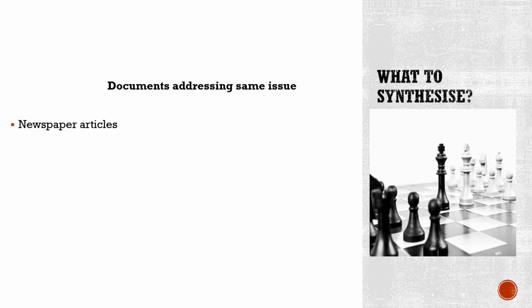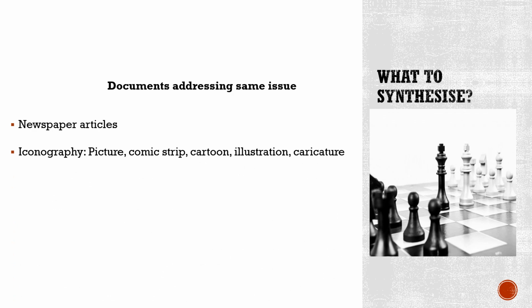issues of current concern. The second type is iconography, which is any kind of idea or message which is not written in words. So it's a different format of text, which can be a picture or a comic strip or a chart. A third but not common form is literature or creative writing, like poems and film dialogues.